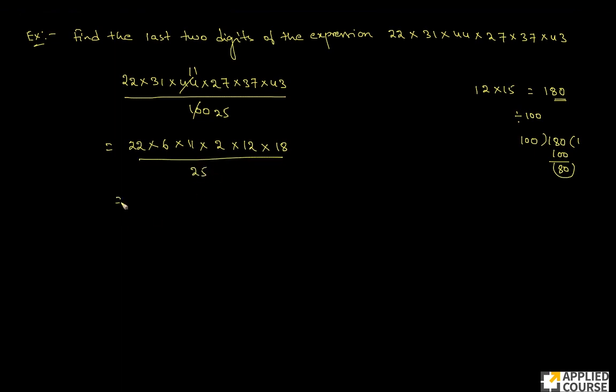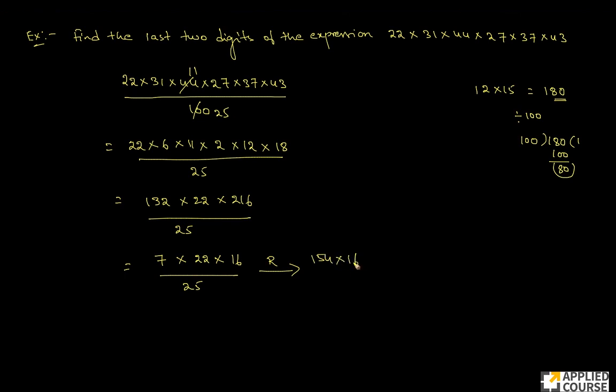This can be written as 132 × 22 × 216 by 25. Then here I will get 7 × 22 × 16 by 25. So the remainder will be 154 × 16 by 25.